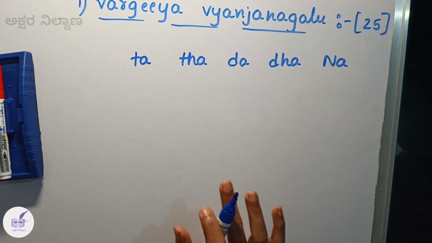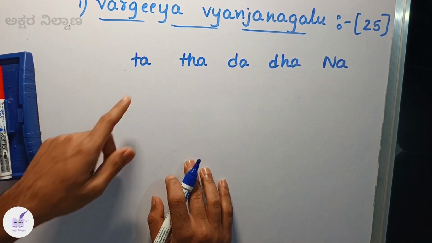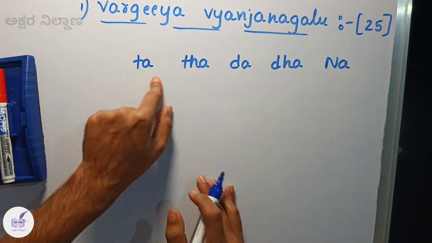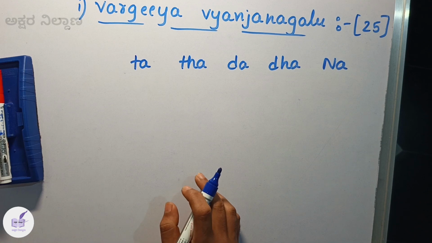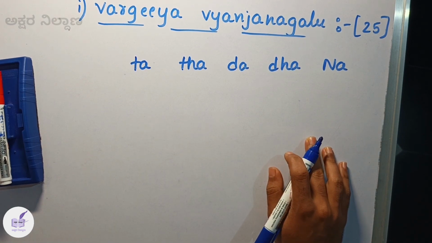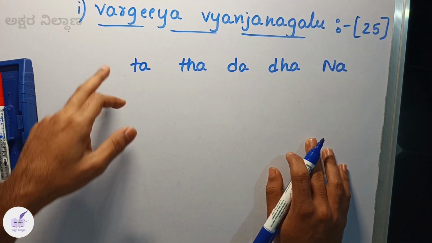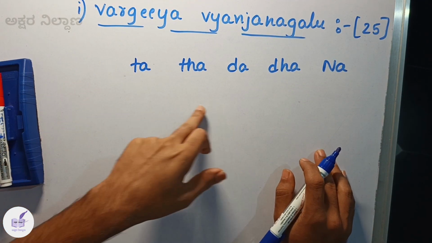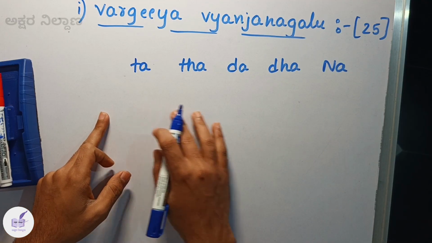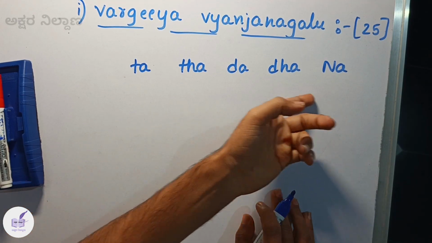Listen here. When you pronounce all these 5 letters, you are pronouncing with the help of your tongue, where the tip of the tongue touches the upper palate. Sorry, it is not called the third group, it is a way of pronouncing these letters.